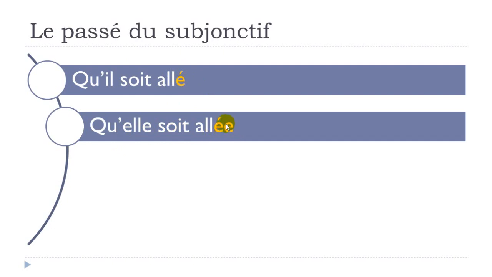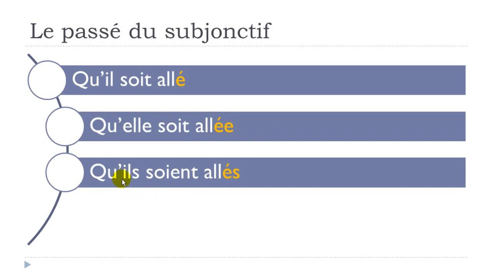You will have to put at the end of your participe passé the mark of the feminine, and e is the mark of the feminine. If you've got the plural, like here, il at the plural form, so soit, and then allé, you should put the mark of the plural at the end of your participe passé, and s is the mark of the plural.